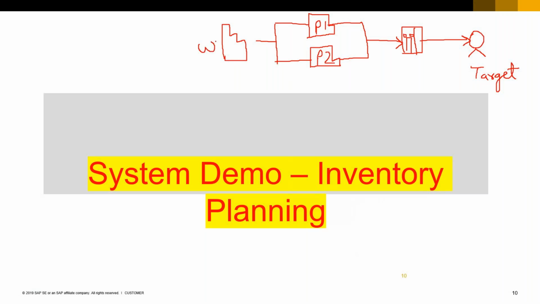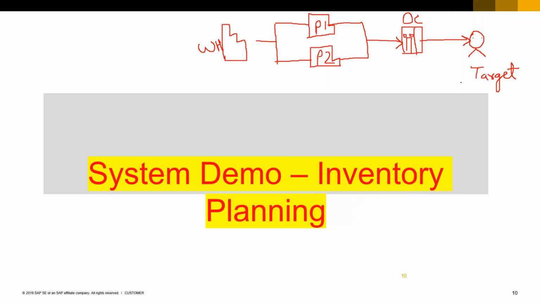So this is a central warehouse which is giving the raw materials to these plants, and then these plants are creating the finished goods and giving them to the distribution center, and the customer is picking up from here, right?